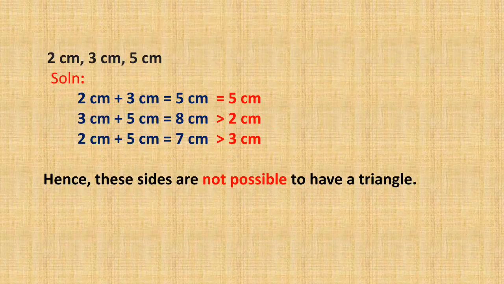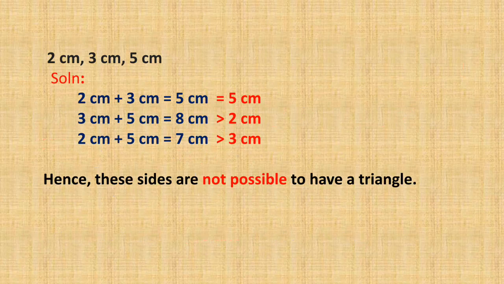Clear? Now, the same property, one more problem: 2 centimeter, 3, 5. First possibility, 2 plus 3 equals 5. The third side is also 5. Here you are getting 5 equal to 5.